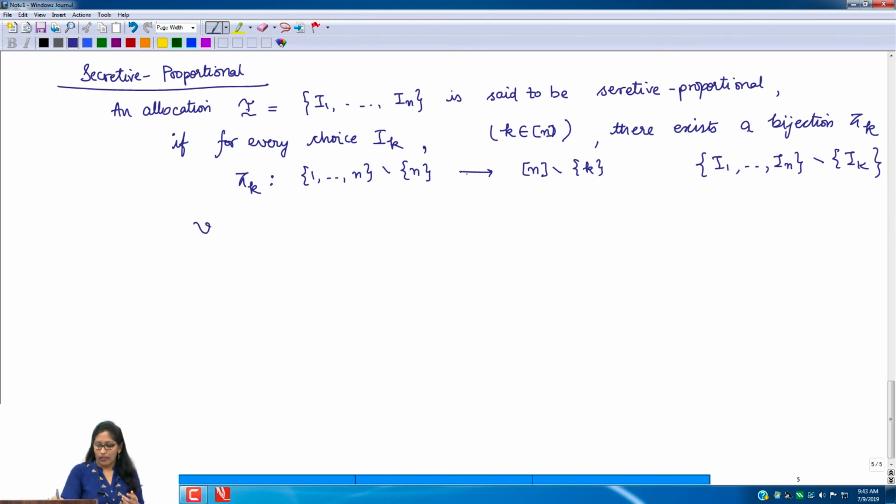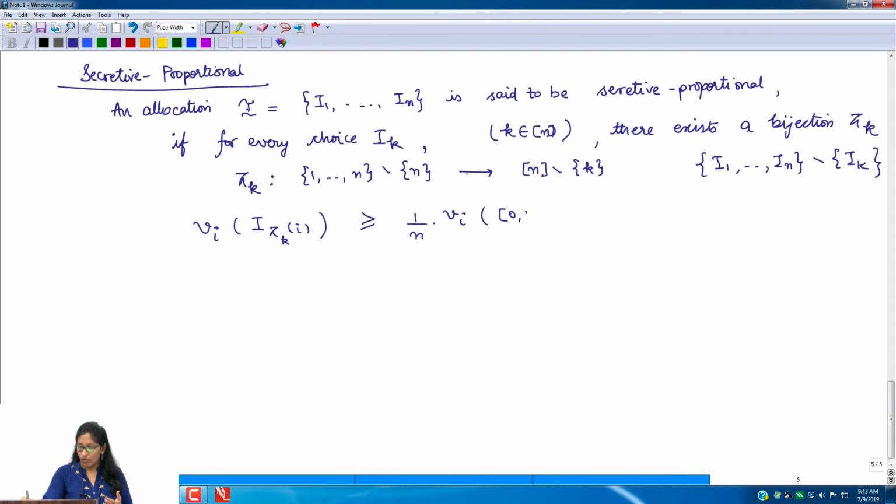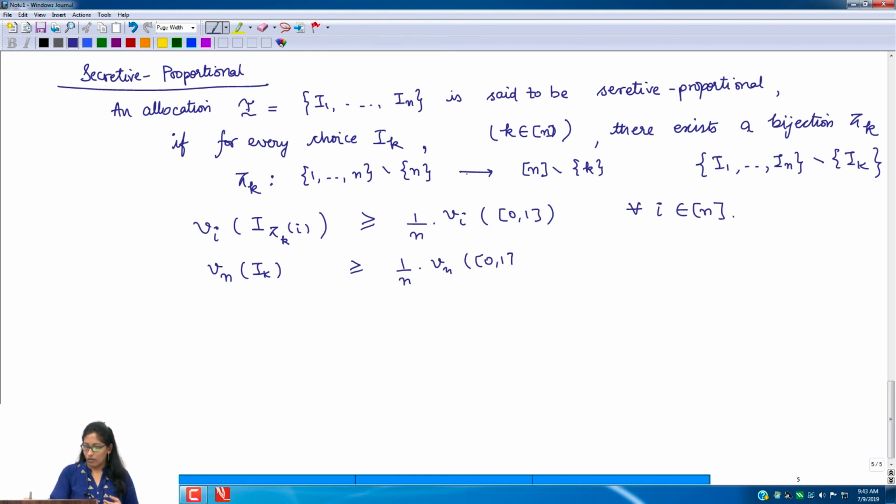I want every agent such that whatever allocation he gets under this bijection must be 1 by n of vi of the whole 0 1. Again, this happens for all i. And in particular, I want Vn of ik also to be at least 1 by n of Vn of 0 1. Right?